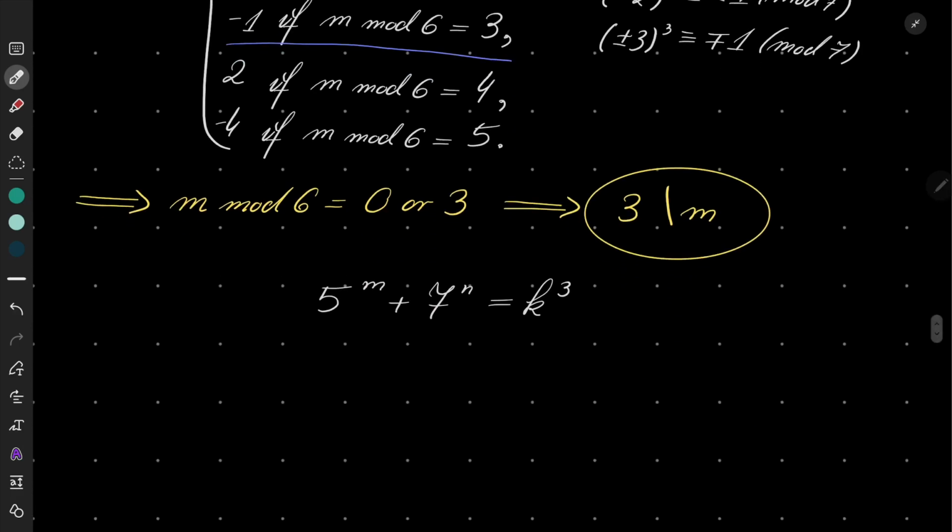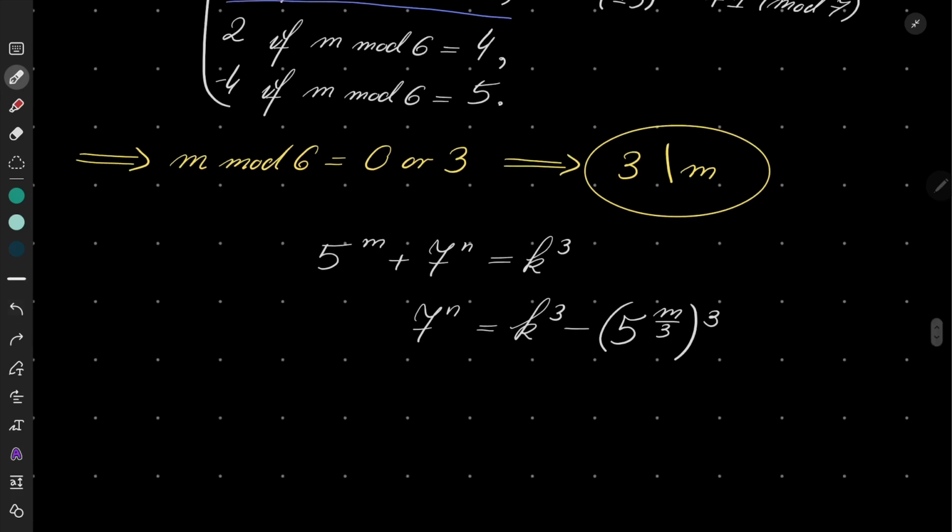And now let's do the following. 7 to the power of n will stay on the left hand side, and here I will write k cubed minus (5 to the power m over 3) cubed. And I know that this exponent m over 3 is an integer because 3 divides m. And now a well-known factorization will be useful.